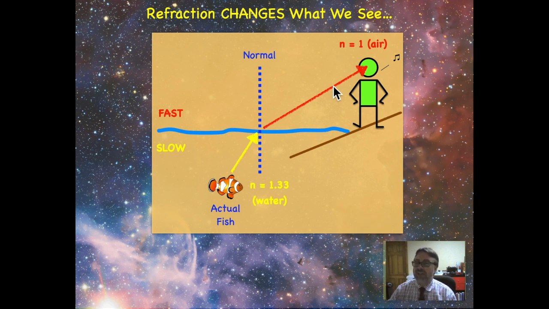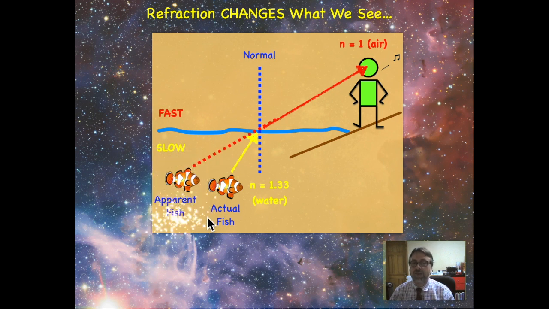Well, I have no way of knowing what the light is doing below the waterline. All I know is which direction the light seems to be coming into my eye. So where I see the fish depends on where this light seems to be coming from. So if I project it backwards, I'm going to see the fish further back than it actually is.